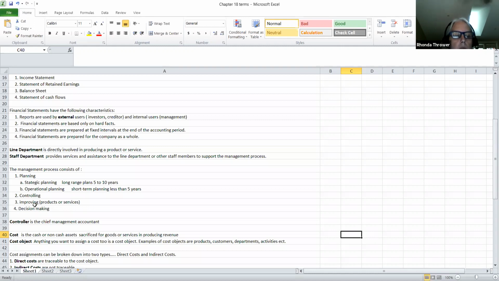And so management is responsible for improving the products and the services for the company. And of course, they are also responsible for decision making. That's a part of the management process.